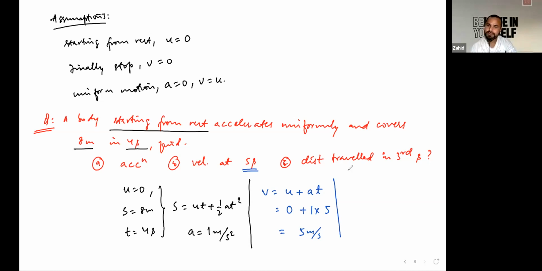Just use the fourth equation and put the value of n to be 3. You'll get your answer of distance traveled in the third second.